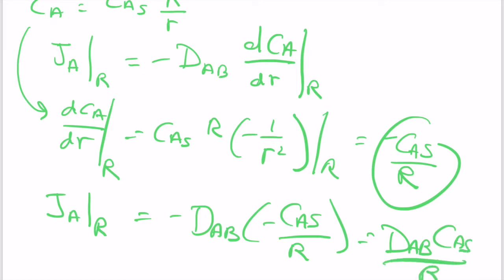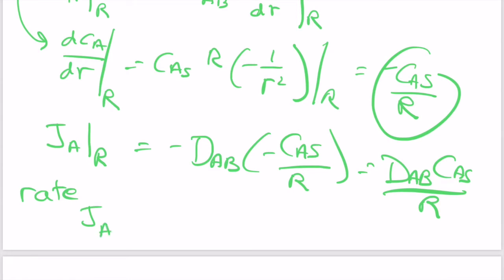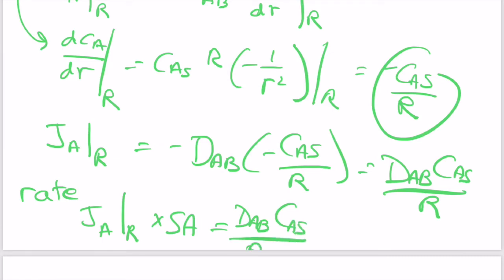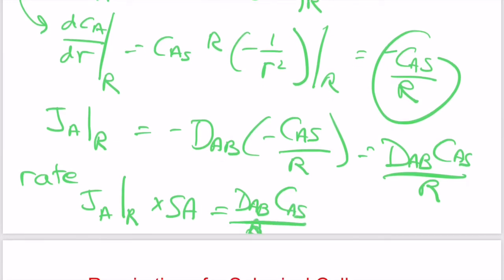Okay, and then the rate is just the flux times the surface area. The flux is diffusivity times the surface concentration over R, times the surface area, which is 4 pi R squared.